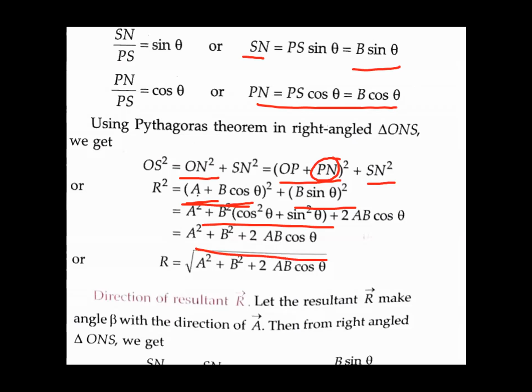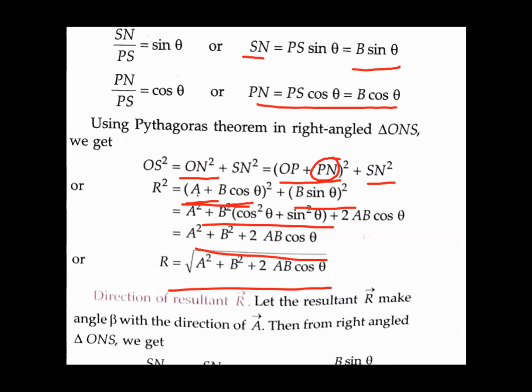Values are same because, children, these are the different methods with which you can find out the addition of two vectors. Any method you use, the value is same. So resultant vector R is under root of A square plus B square plus 2AB cos theta. This is the magnitude of the resultant vector R.